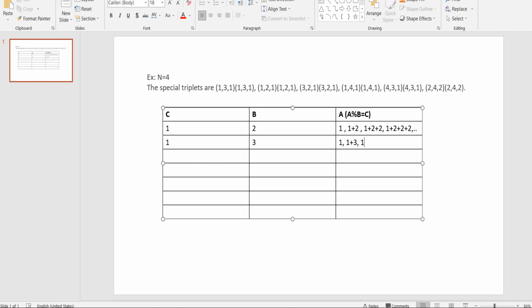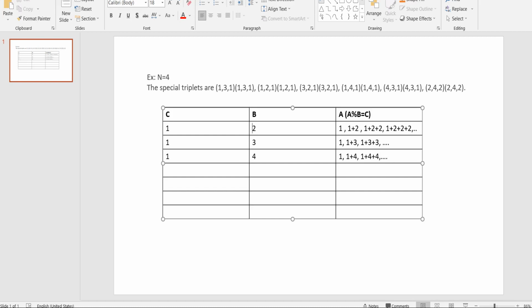Similarly, the next one would be 1 plus 3 plus 3, and so on. Let's take c equal to 1, b equal to 4. First one would be 1, second would be 1 plus 4, third would be 1 plus 4 plus 4, and so on.